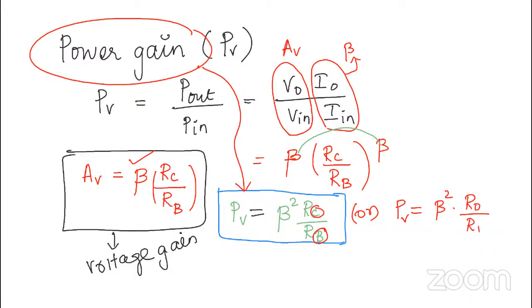So in problems, they give only the amplification value, output resistance value and input resistance value. These three values are given and they ask about the power gain value. At that time, we should not be confused; we have to use this formula.